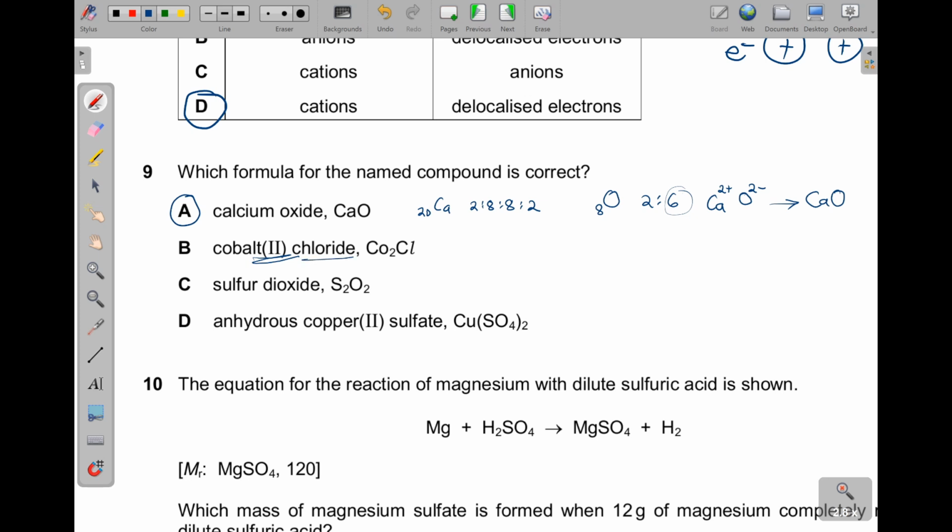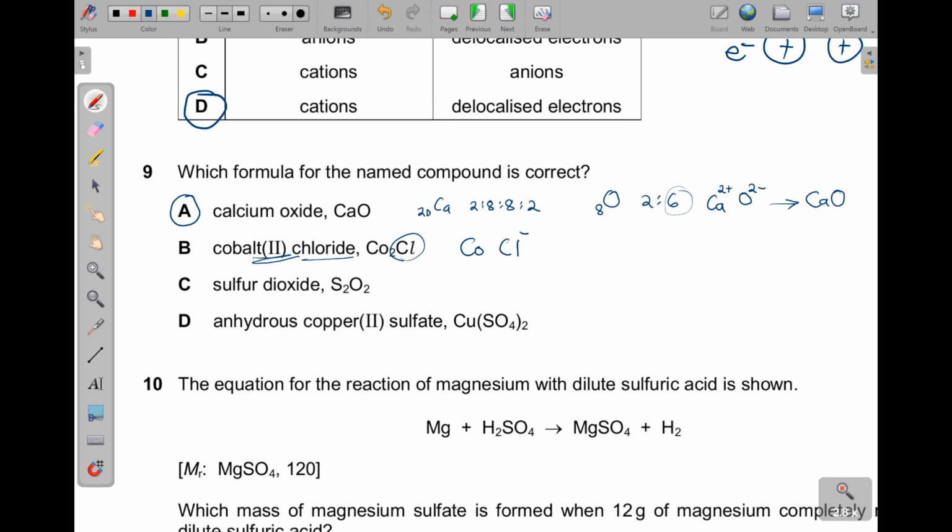Cobalt 2 chloride, it has to be cobalt. Chlorine is in group 17, so it needs 1 electron. Not group 17, it is group 7. You know, in A level we say group 17. Okay, so here chlorine is in group 7, so it needs 1 electron to have a full octet. So therefore it is in valency 1. Okay, it must form that one.